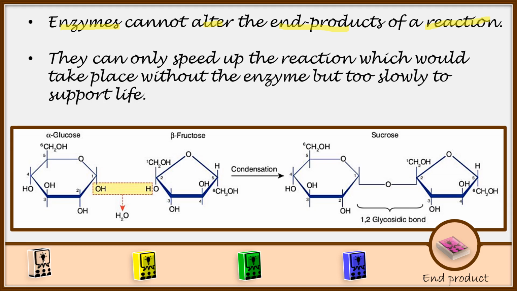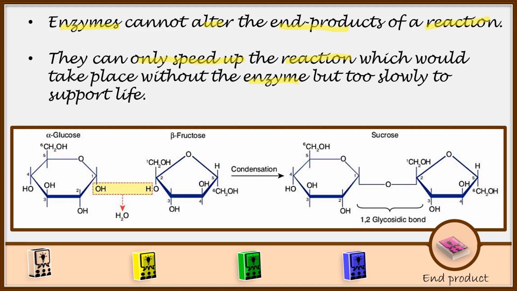They can only speed up a reaction which would take place without the enzyme, but too slow to support life. So the enzymes are speeding up a reaction, and that reaction could take place without the enzyme.